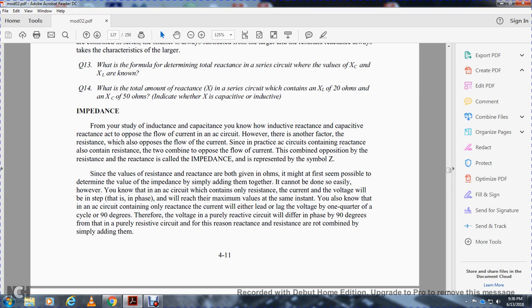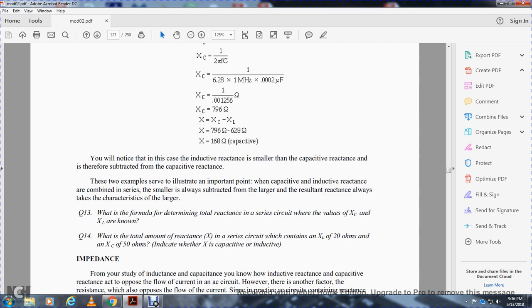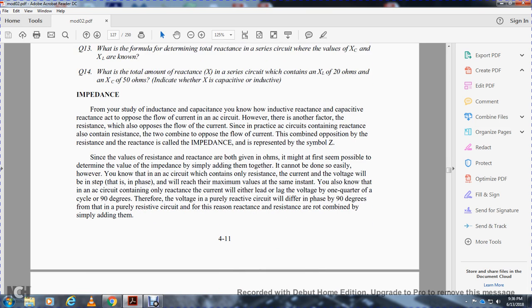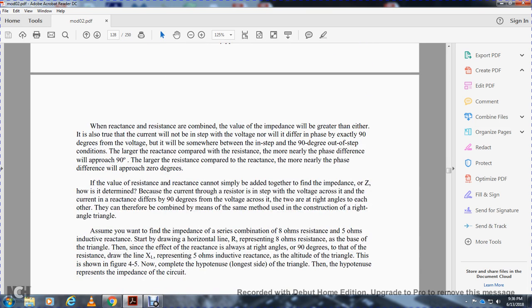For this reason, reactance and resistance are not combined by simply adding them. When reactance and resistance are combined, the value of the impedance will be greater than either.